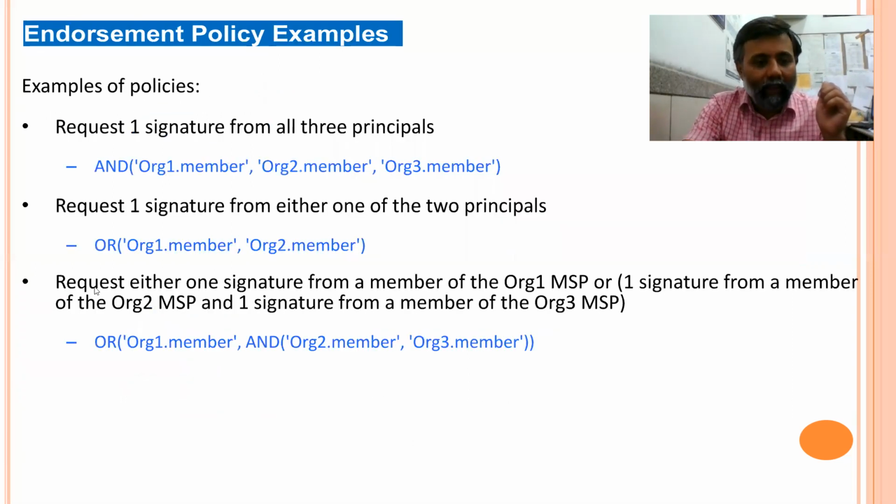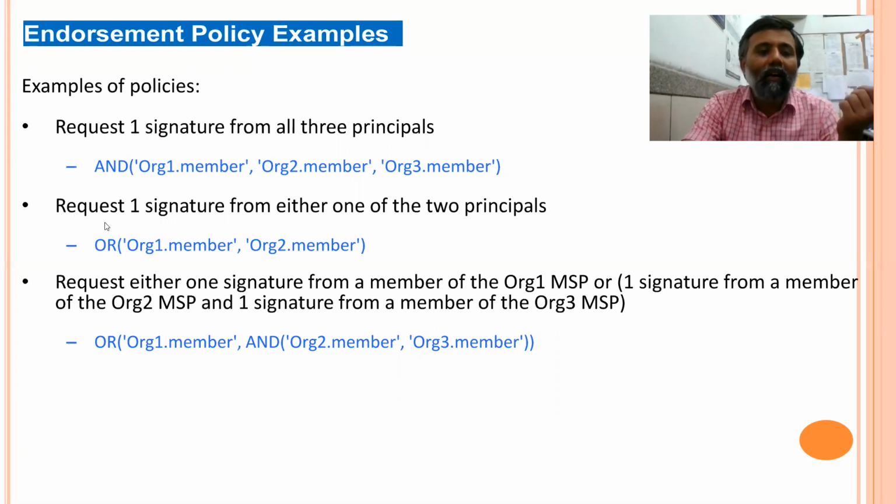These are the examples we have. Suppose we request one signature from all three principals. So we may have a policy where any member of Organization 1, any member of Organization 2, and any member of Organization 3 will sign it. This can be one policy.